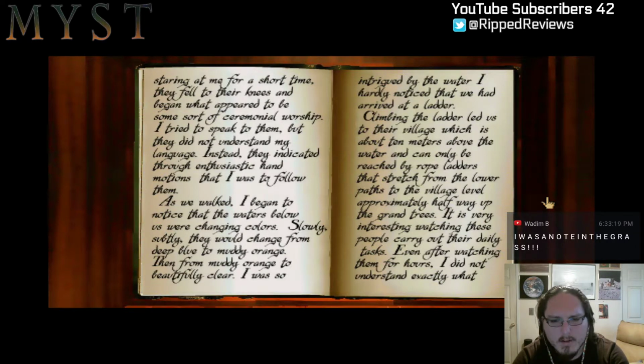As we walked, I began to notice that the waters below us were changing colors. Slowly, subtly. They would change from deep blue to muddy orange, then from muddy orange to beautifully clear. I was so intrigued by the water, I hardly noticed that we had arrived at a ladder.